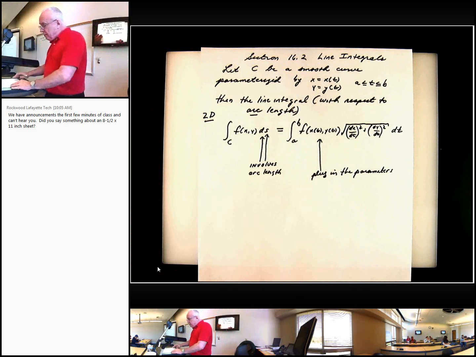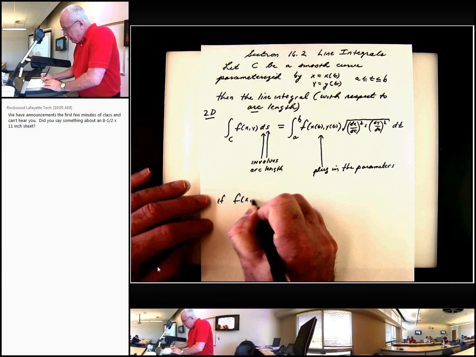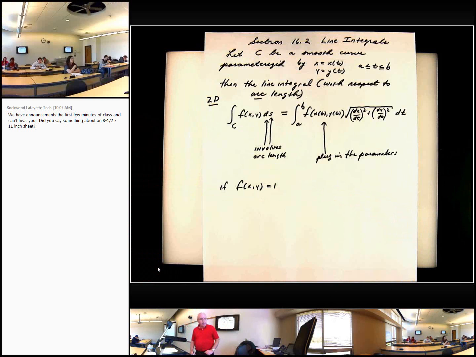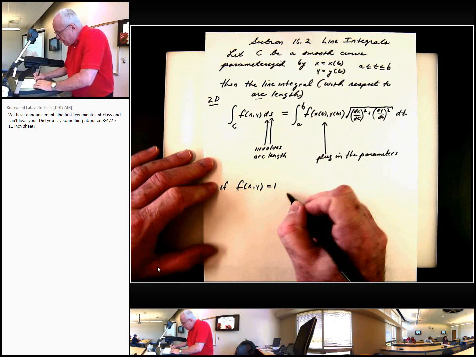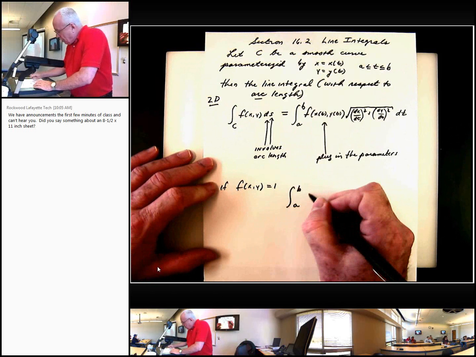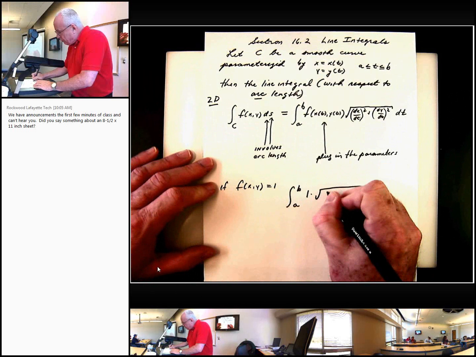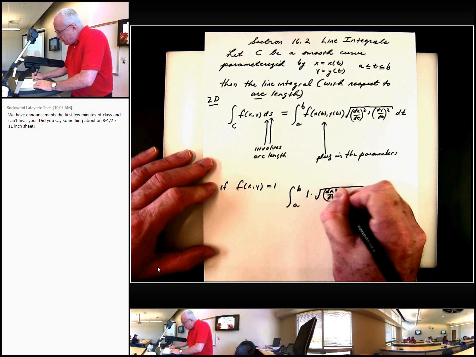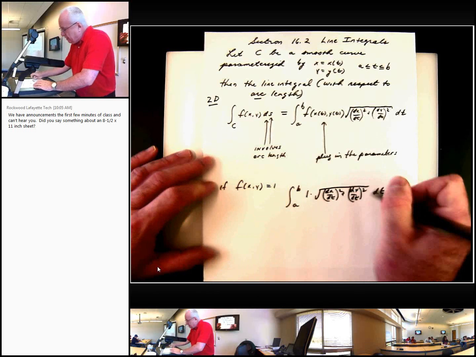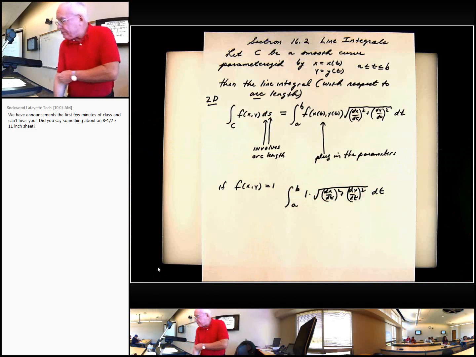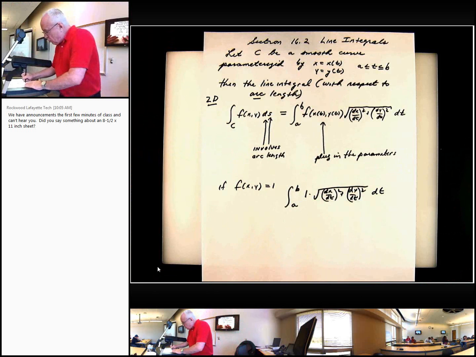I want to point out one thing: if f of x, y is just equal to the number 1, then what we get here is the integral from a to b, we just have a 1 here, and then we have the square root of (dx/dt) squared plus (dy/dt) squared dt, and recall that this is the formula for the length of the curve.